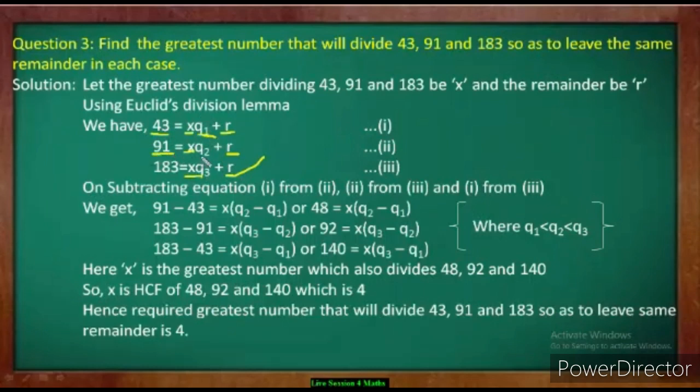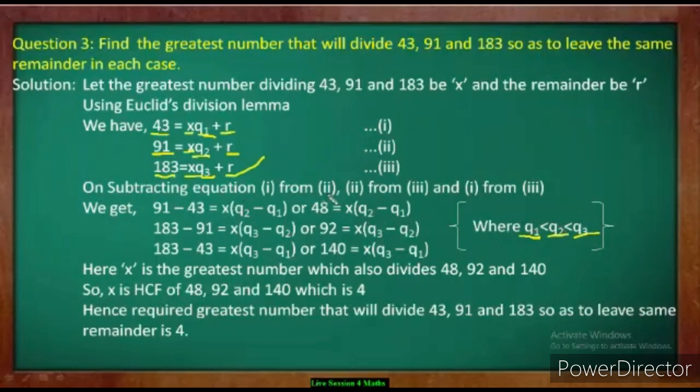The number is more, so q2 will be more than q1. Here the number is even greater, so q3 will be the greatest. q3 is greater than q2 and q2 is greater than q1.